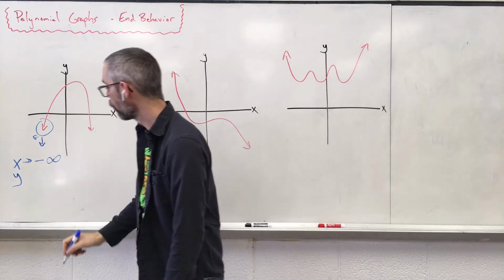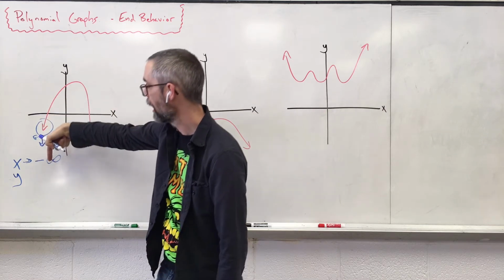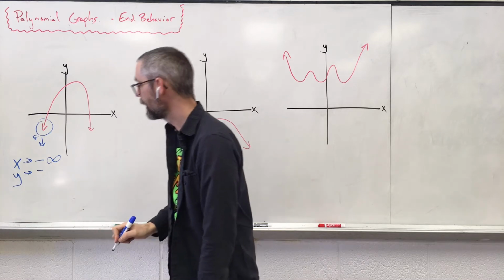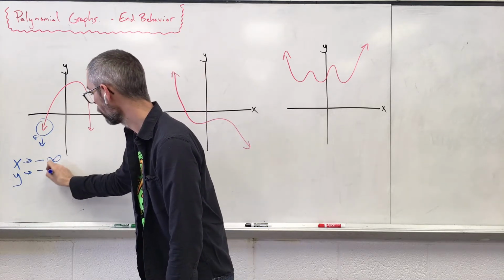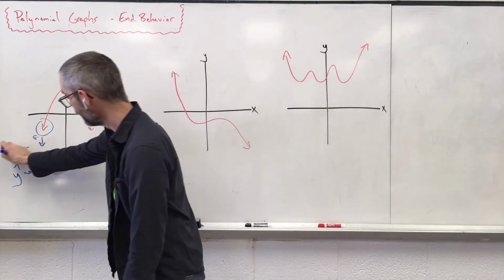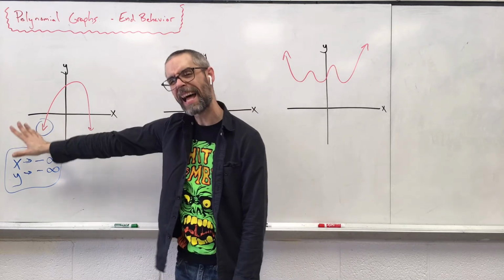So the y portion, y goes up and down. This graph also moves downwards. Downwards means negative. So we're moving downwards in another negative position. So that is the end behavior for just that half of the graph.